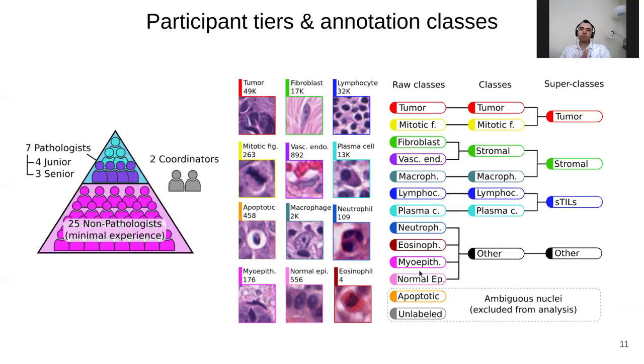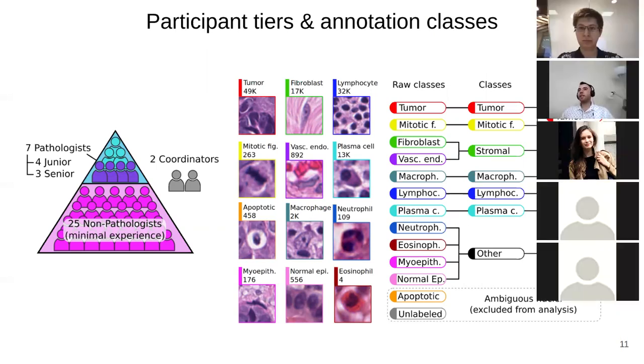So let me tell you the ideal situation if I had more time and more access to financial resources. What I would do is ask the non-pathologists only to annotate these big, distinctive pattern classes, the red, the green, and the blue.